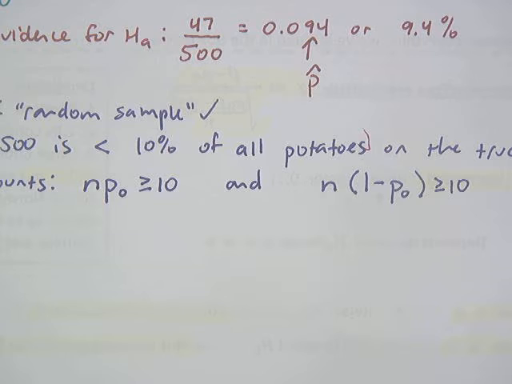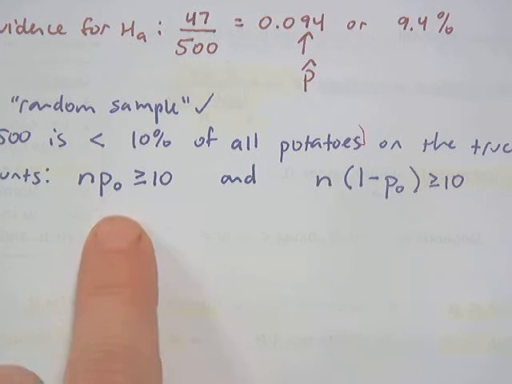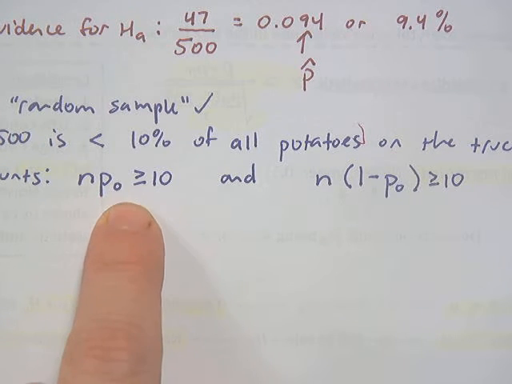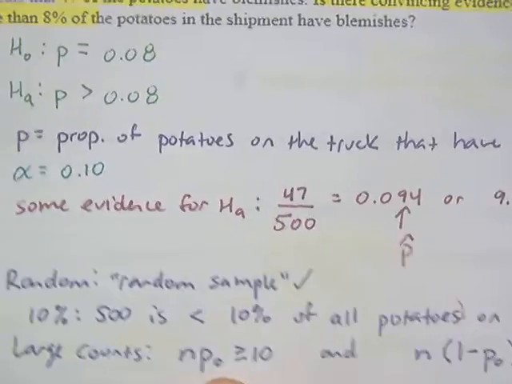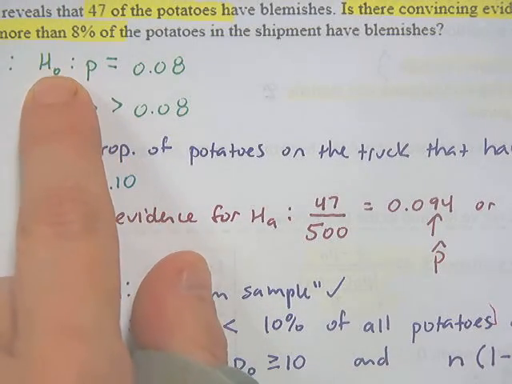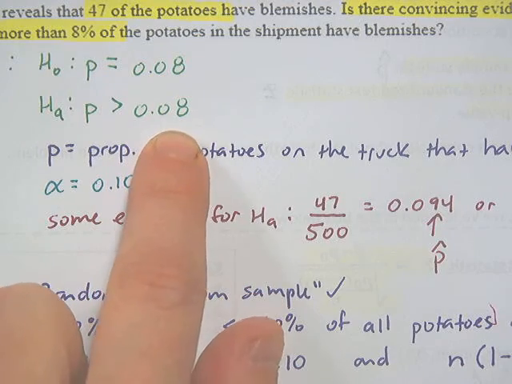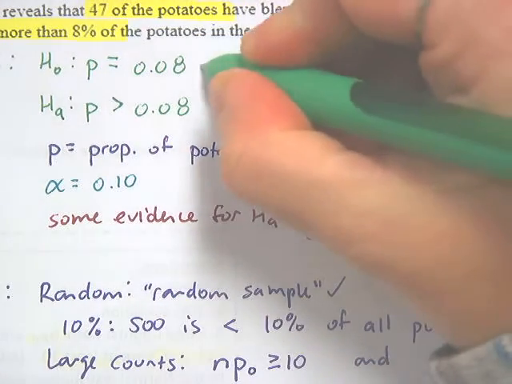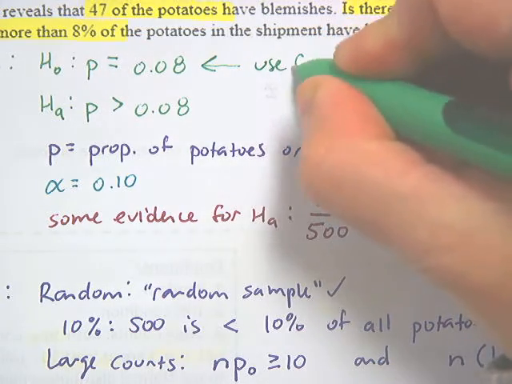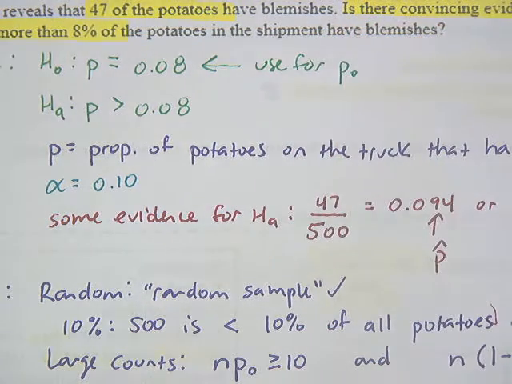Oh, that's the 500 potatoes. But you may have already forgotten where we get this value from. Where does p null come from? It's right up here where you have another null symbol. It's just whatever number is hanging out in your hypotheses. You're always just going to use that for p0. Every single time.